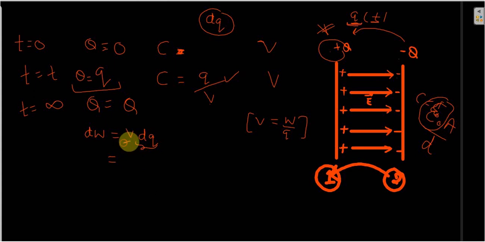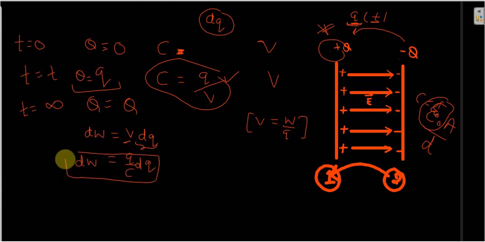What is V? V you can write from this formula, that is Q by C, times dQ. So this is the small amount of work done to carry the charge from one plate to the other plate when time is t.